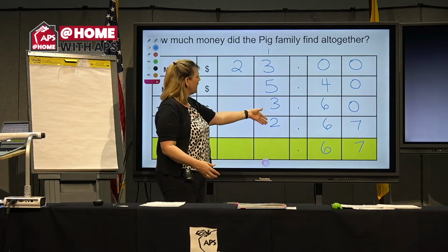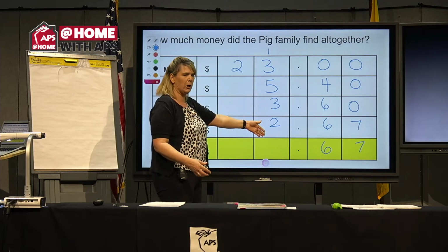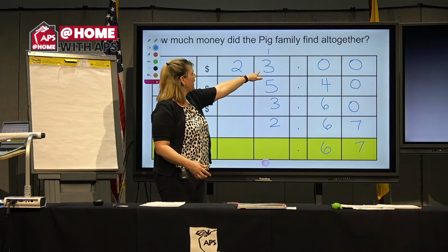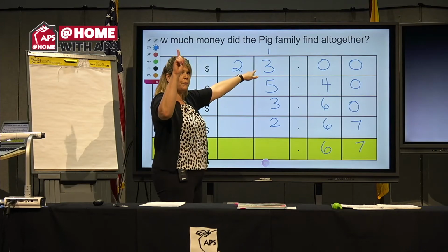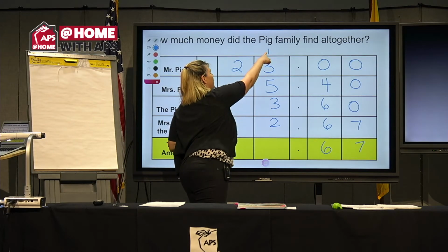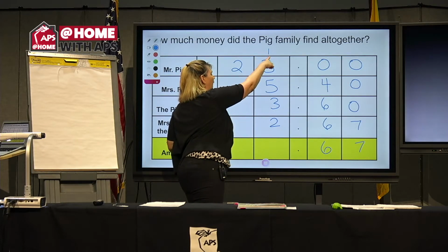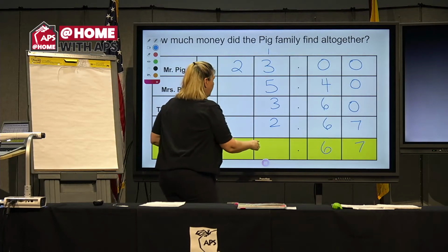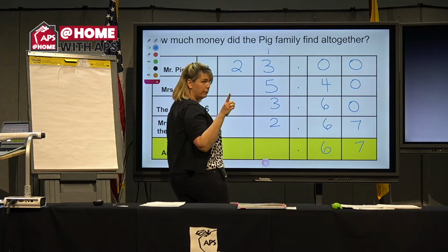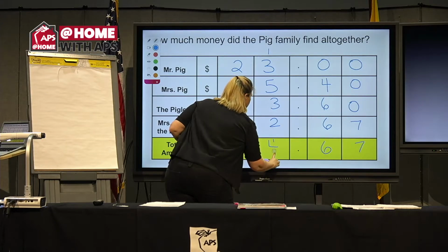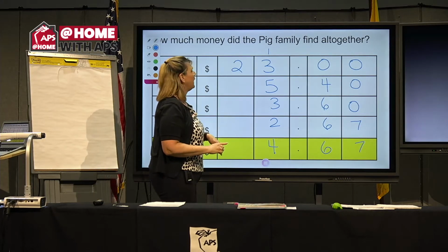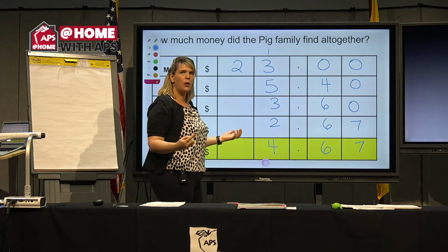So if we have $10 at least there, then we need to add that other $3. Don't forget the $1 that we had to regroup from our dimes. So we're at 14, right? We got to leave that 4 in there because we only have space for one digit. And what do we do with those $10 that we had extra?